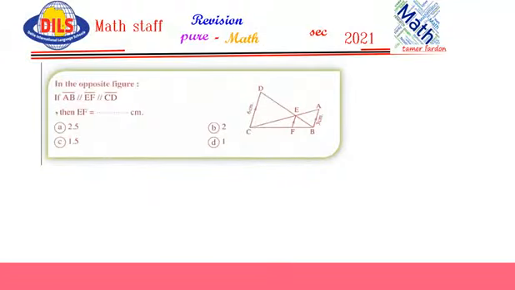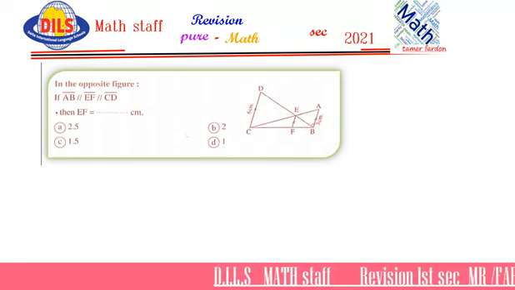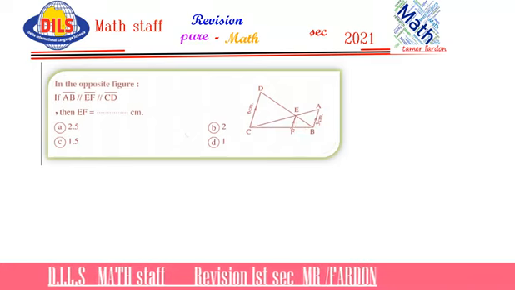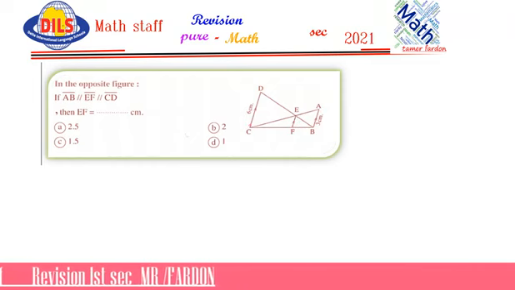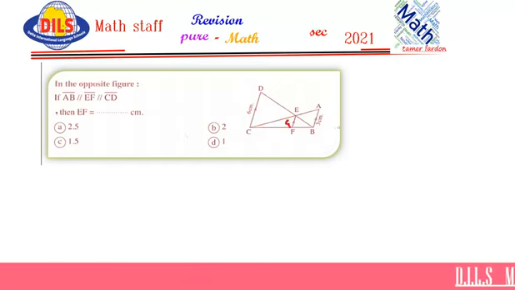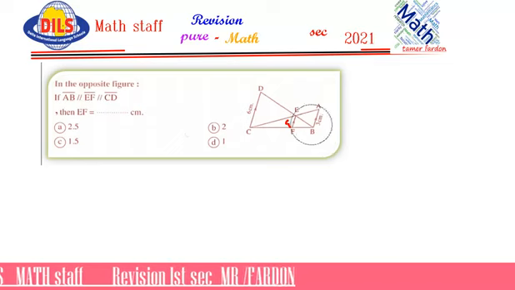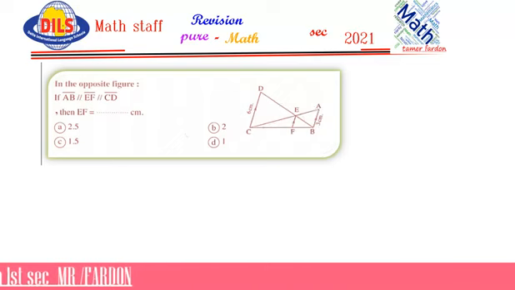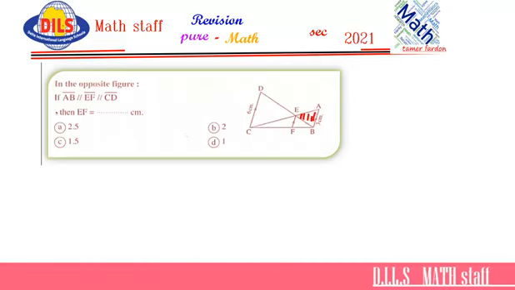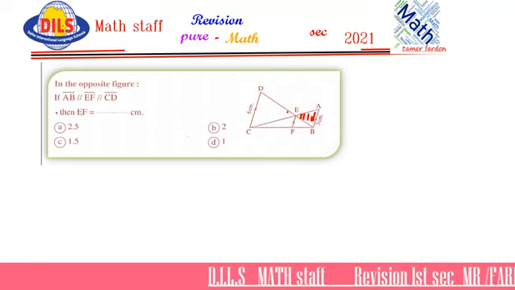Another exercise, in the opposite figure, AB is parallel to EF, which is parallel to CD. Then EF is equal to what? An exercise from the high level. First, let's start with the two triangles ABE and ACD.